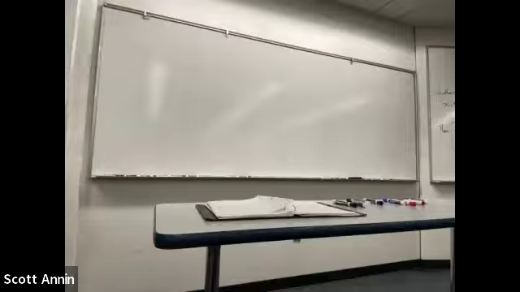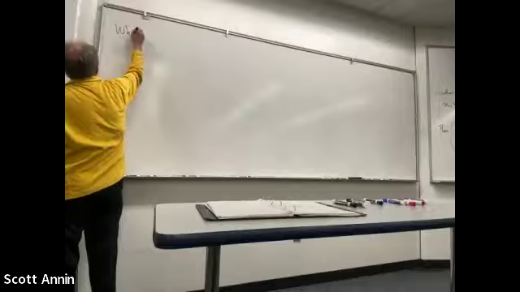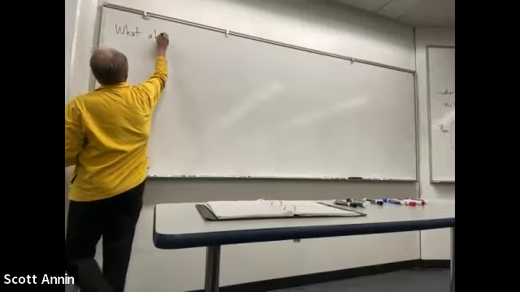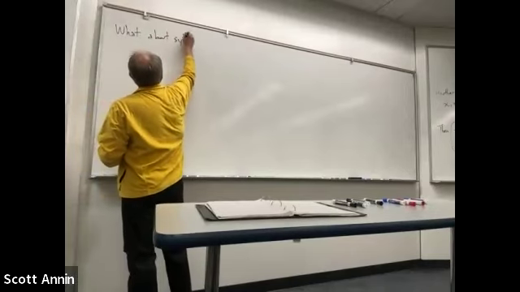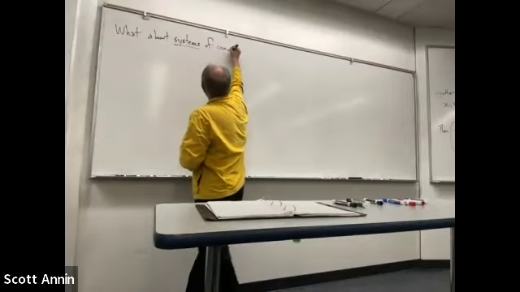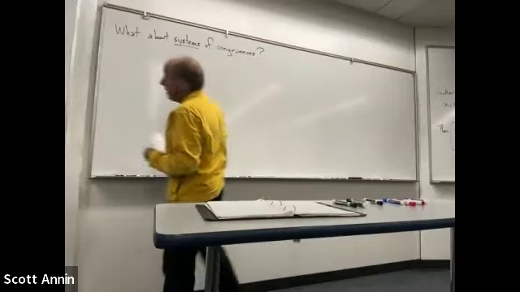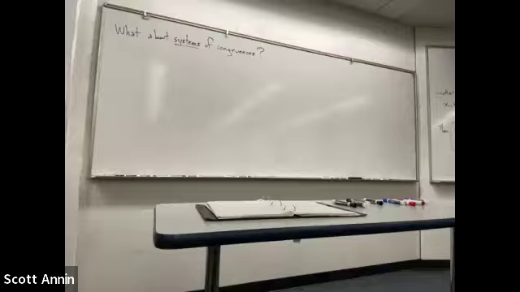So let me state that as a problem. Well, maybe a question first of all. What about systems of congruences? This is actually still in chapter 4, but it's kind of moving on to the next thing.